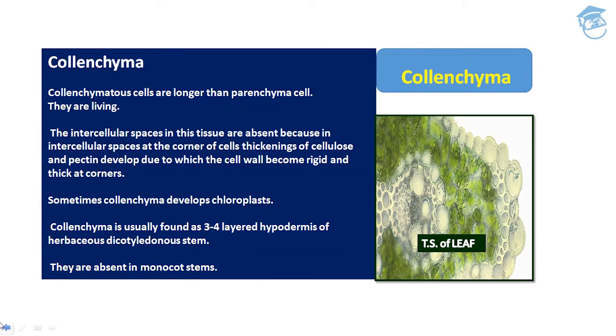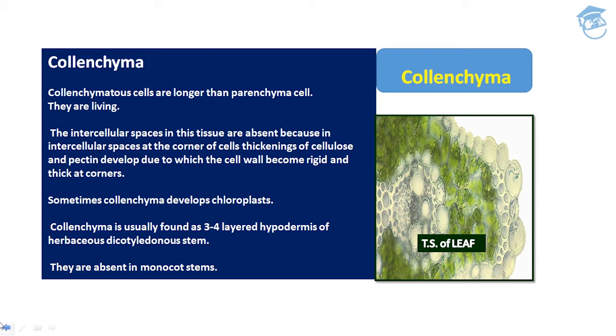Now comes collenchyma. Chlorenchyma and collenchyma are different in a way. I'll tell you how they differ, but more or less they are the same also, because they both have chloroplast in them. It is usually the 3 to 4 layered hypodermis of the herbaceous dicotyledonous stem, and it is absent in the monocot stem.